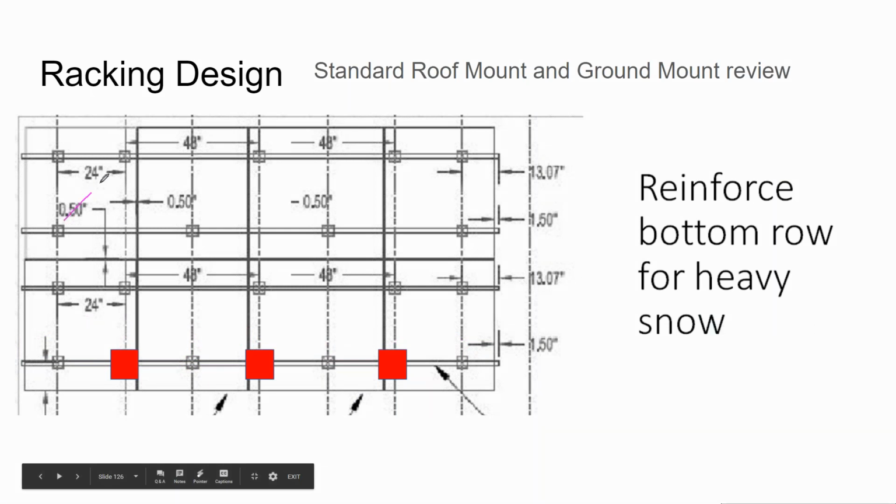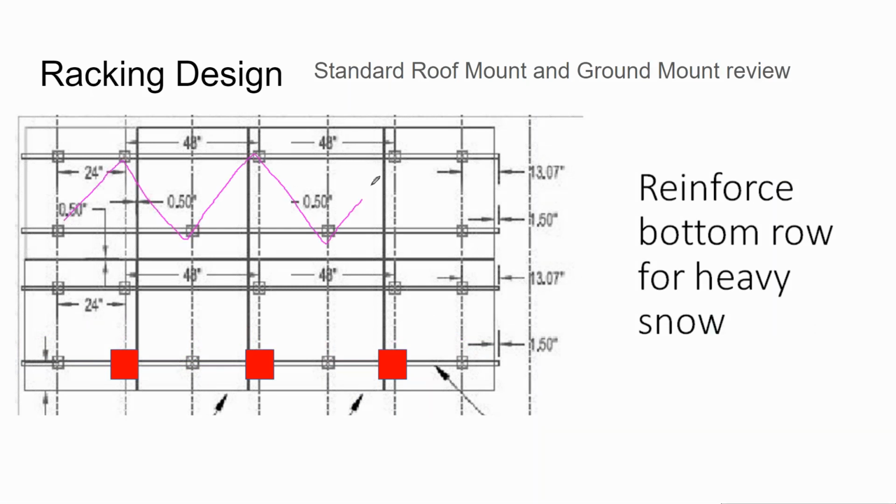And otherwise, staggered L feet is the tip of the top in terms of quality, so that you're hitting every single rafter as you go along, even though you have that 48-inch span.